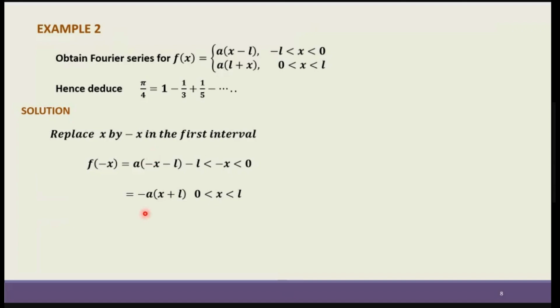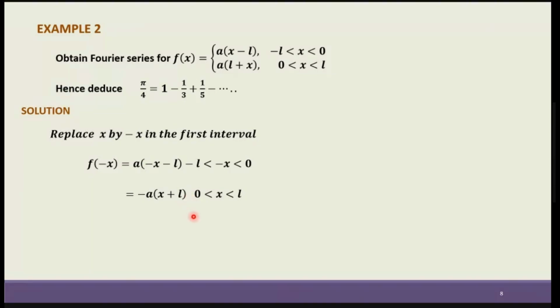If I take minus sign common, I'll get minus a into x plus l. ठीक है, 0 less than x less than l में यहाँ पे दिया है a into l plus x, और हमारा आंसर आया minus a into l plus x, which means that minus of the given function we are getting.